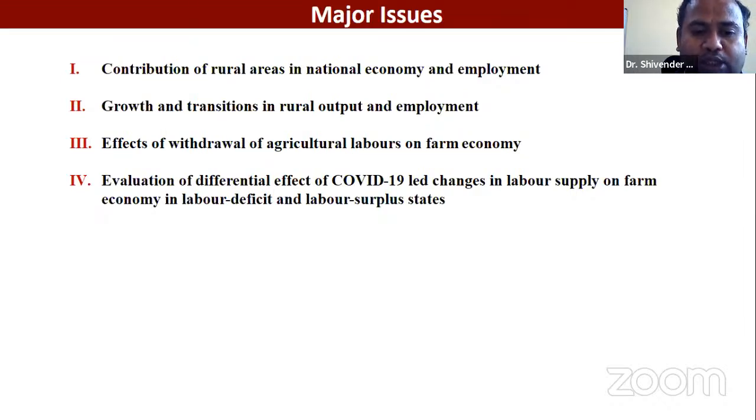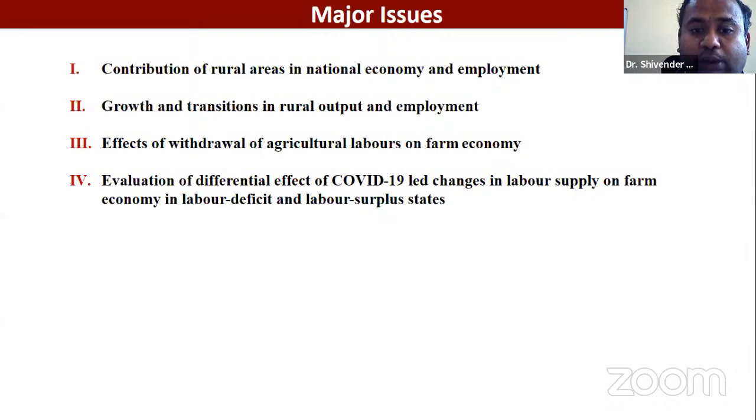And can we evaluate the differential effect of COVID-led changes in labor supply on the farm economy in labor deficit and labor surplus states? I mention two types of states because there are states in eastern India like Bihar, Odisha, and Assam, where we have excess labor, and that labor goes to states like Punjab and Haryana, where we do not have such cheap availability of labor.